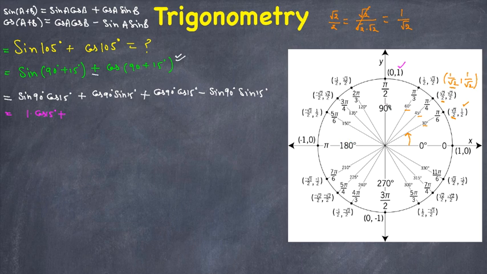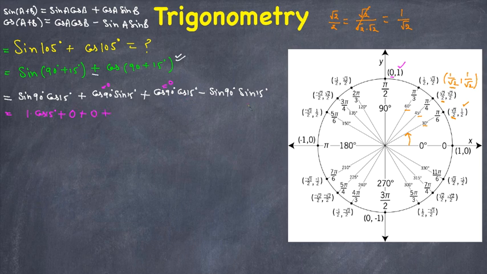Cosine at 90 is basically this x value, which is 0. So 0 times sine 15 gives us 0. Then we got cosine 90, which is again the x value, 0. So 0 times cosine 15 gives you another 0.